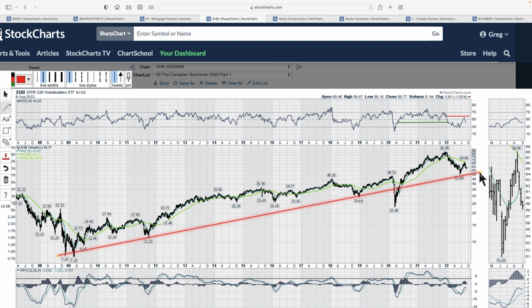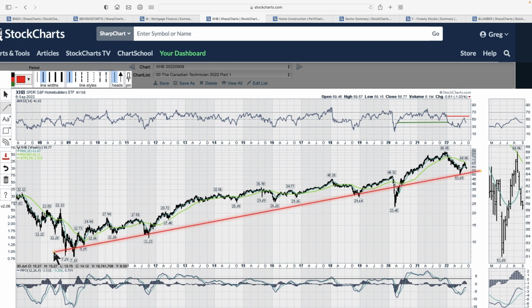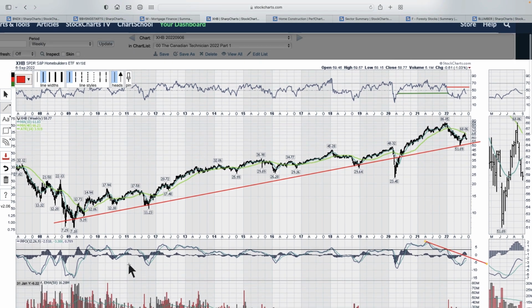Now we can be more aggressive and tighten it up a little bit and maybe miss this one or two weeks where it held down here and go up here. We're getting to the extreme level of this, and as long as this stays above this big trend line, if it came down to test that trend line again, that's probably a good place to look to get long. And then the other thing I would put on here is a downsloping trend line in momentum, and if that could break to the upside, I'd be more interested.